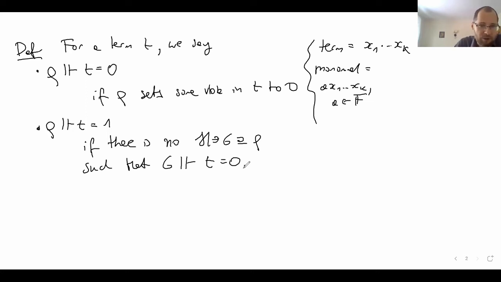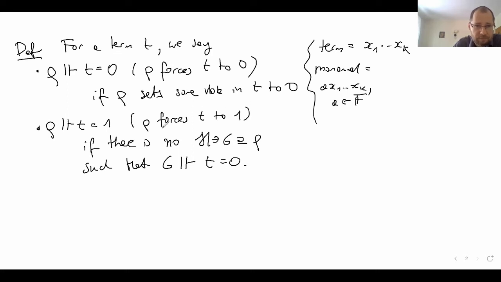Okay, and now the official term for this is forces. I'm not sure whether any of you have had contact with forcing in set theory, the kind that you do to build a model of the negation of the continuum hypothesis, for instance.